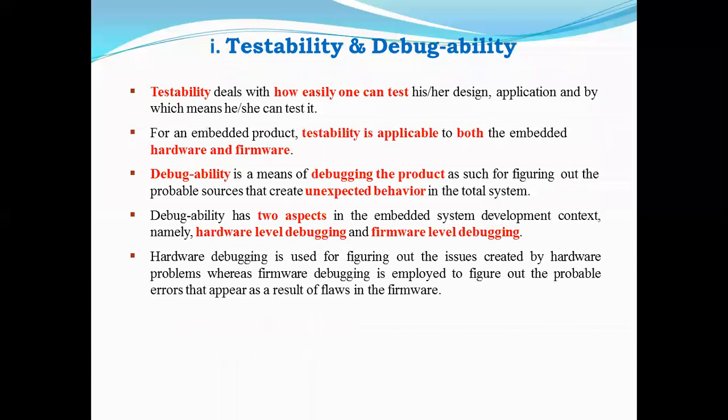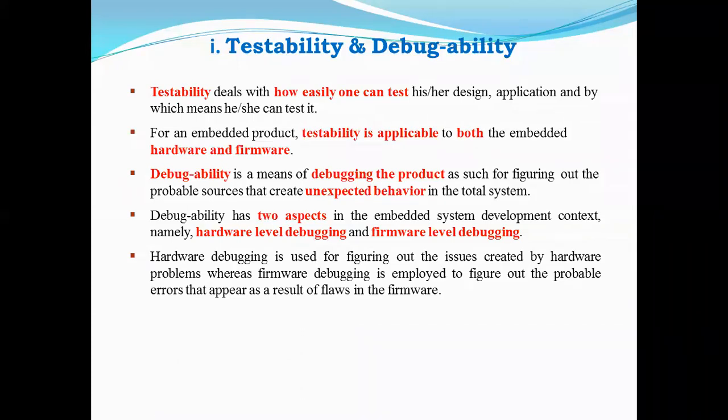What is testability? If you are launching the embedded system as a product in the market, first it should be tested. The testing is done with respect to the hardware and the firmware. The firmware basically means the software.